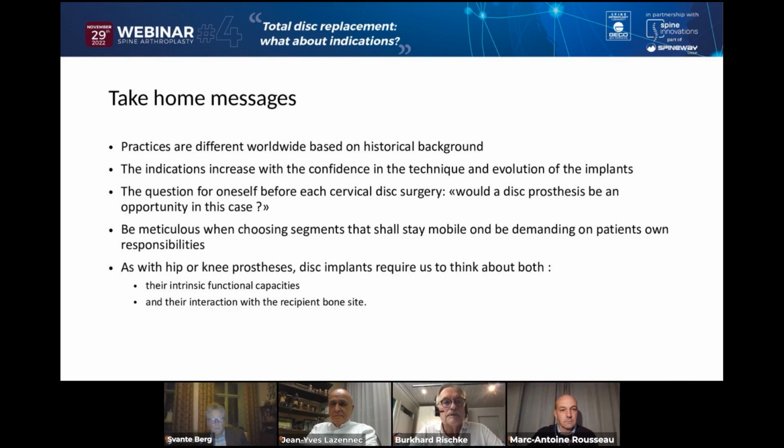Be meticulous when choosing segments that shall stay mobile and be demanding on patients' own responsibilities. As with hip or knee prostheses, disc implants require us to think about both the intrinsic functional capacities and their interaction with the recipient bone site.